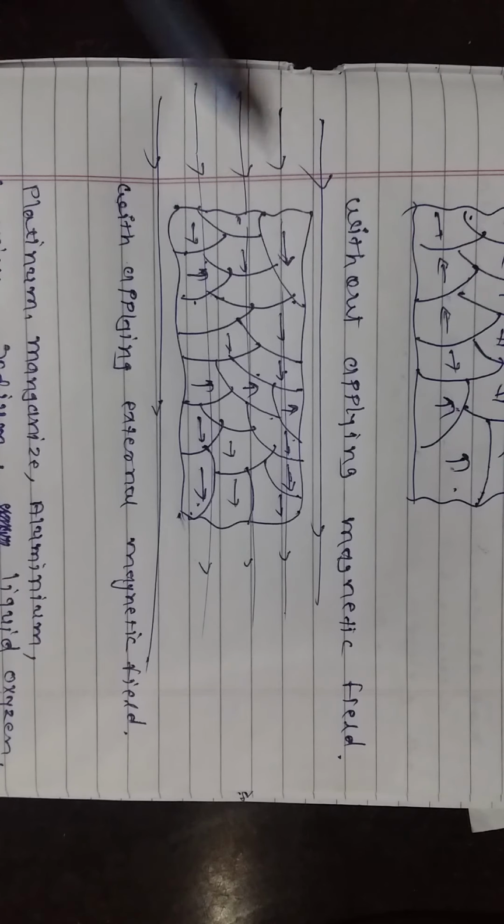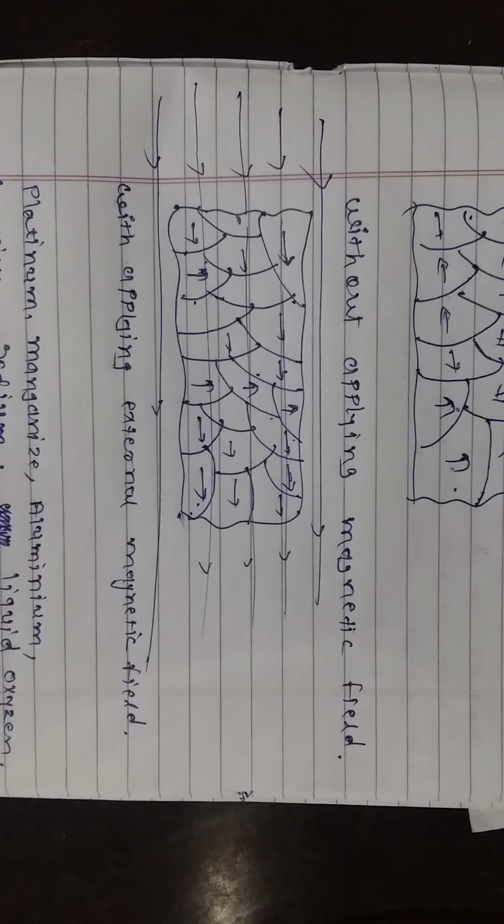Now what is the difference between paramagnetic and ferromagnetic? The difference is that if we remove the external magnetic field, the paramagnetic material's dipole moments regain their original situation, but in the ferromagnetic material they do not. They remain in the direction of the applied external magnetic field.